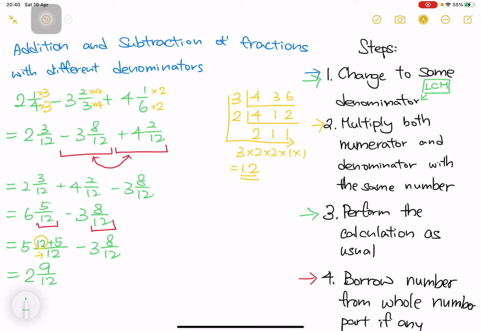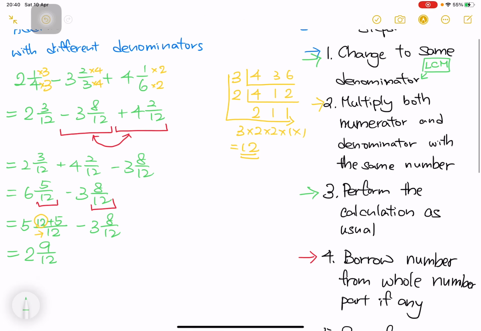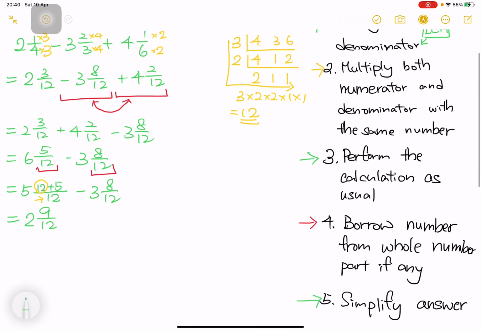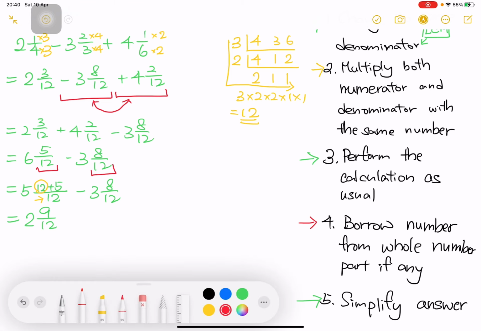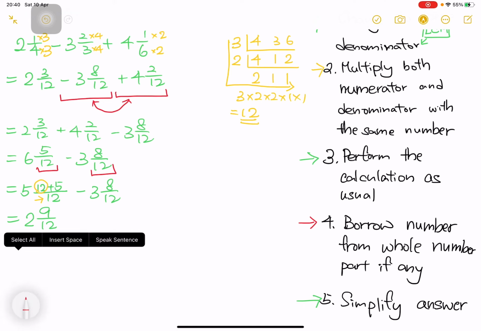Alright, after you find the answer here is 9 over 12, you have to do the last step, which is to simplify your answer. I found that both numbers can be divided by 3. What I mean is that both the numerator and the denominator can be divided by 3.